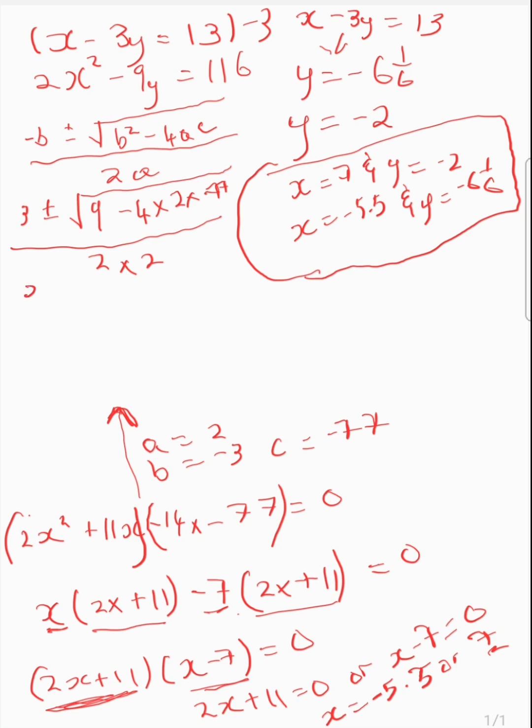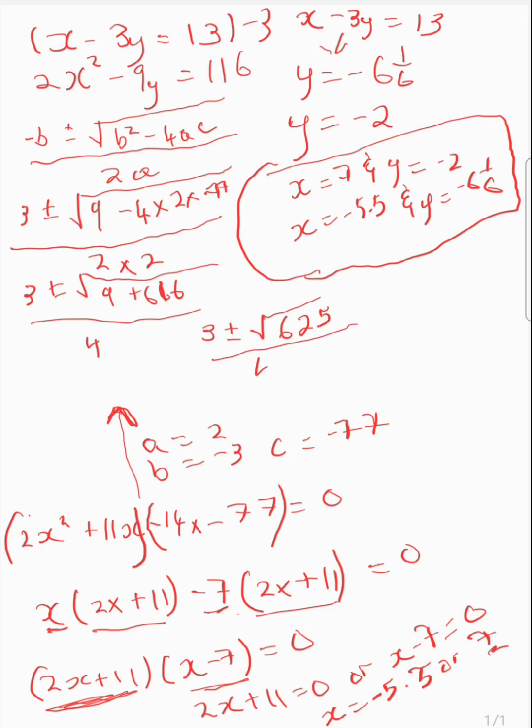So we're going to be left with 3 plus or minus the square root of 9 plus 616. Then this divided by 4. Then we continue. We're going to be left with 3 plus or minus the square root of, 616 plus 9, that gives us 625. Then this divided by 4.